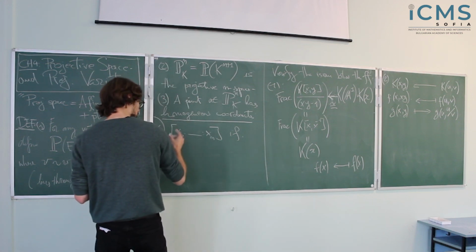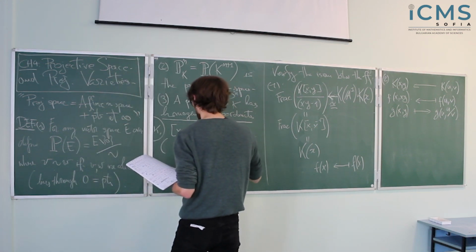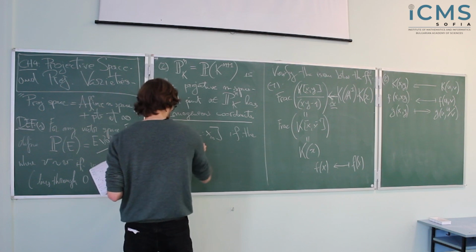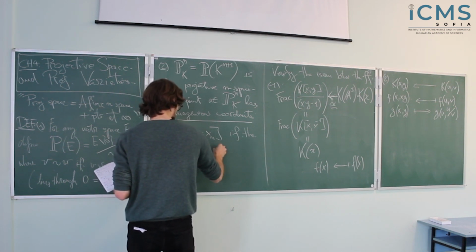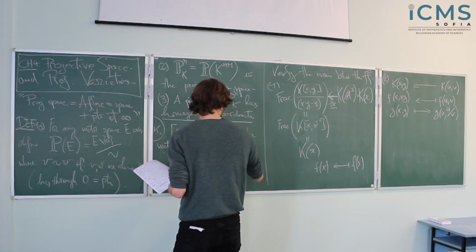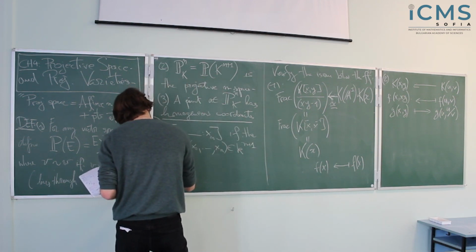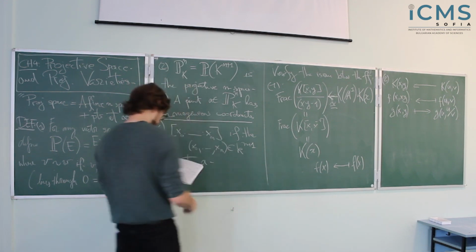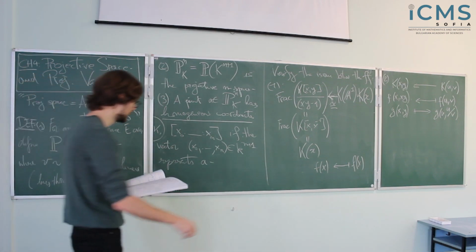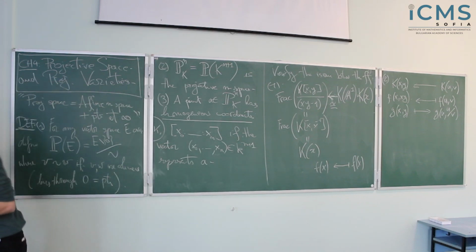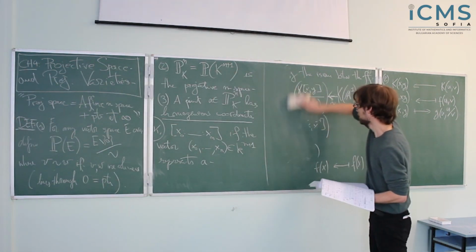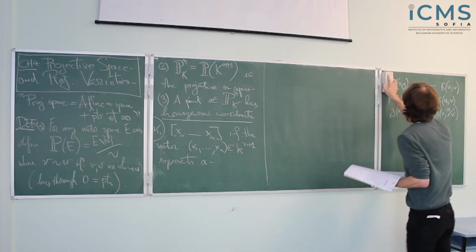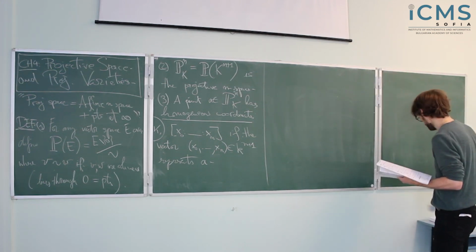If the vector, so I write it as a line, but it should usually be considered a column vector, represents the point A. And the main feature of these homogeneous coordinates is that they don't really have a unique presentation.